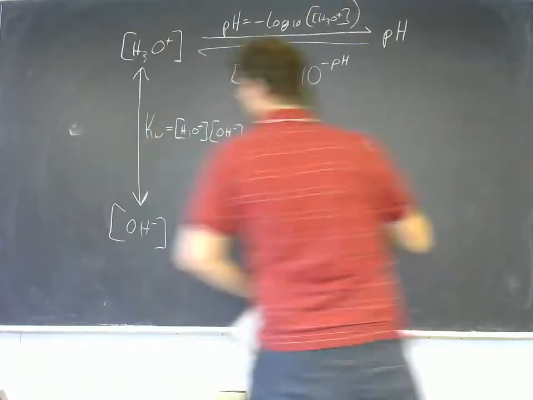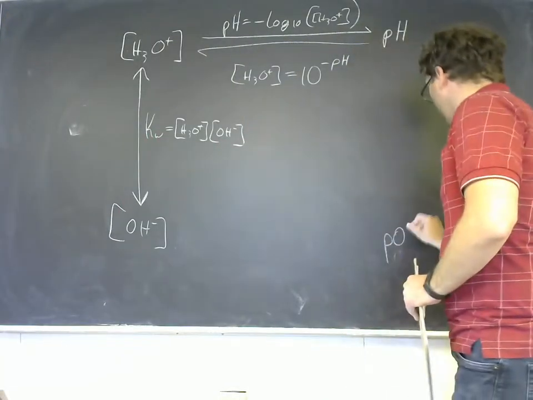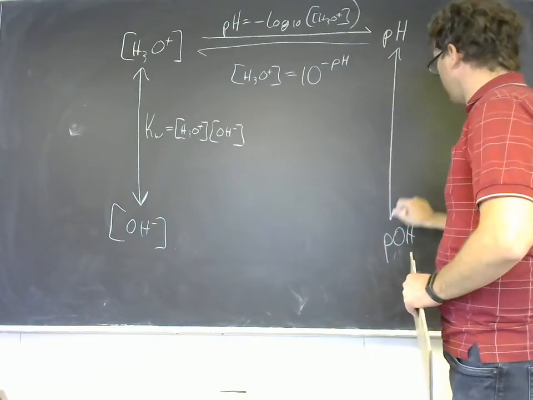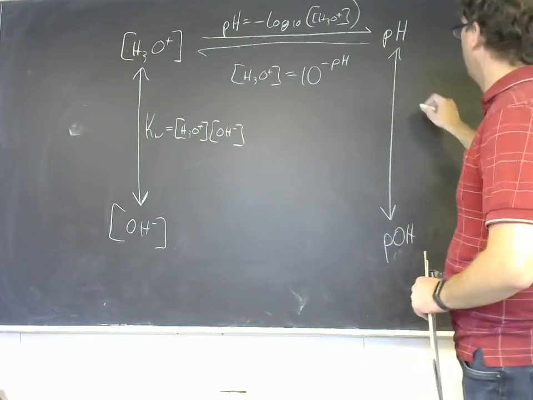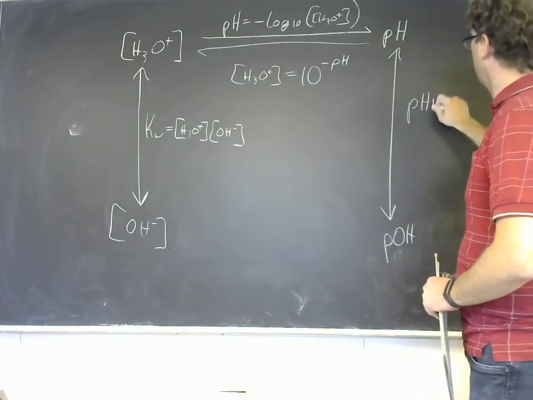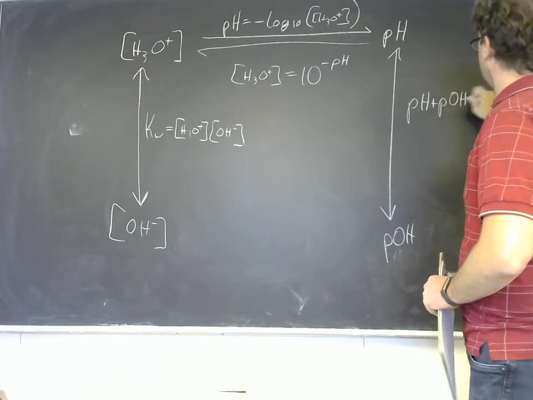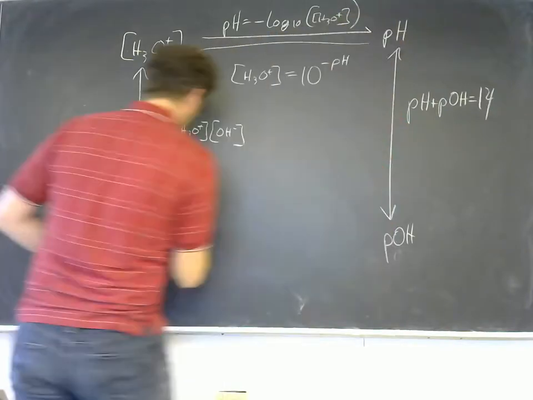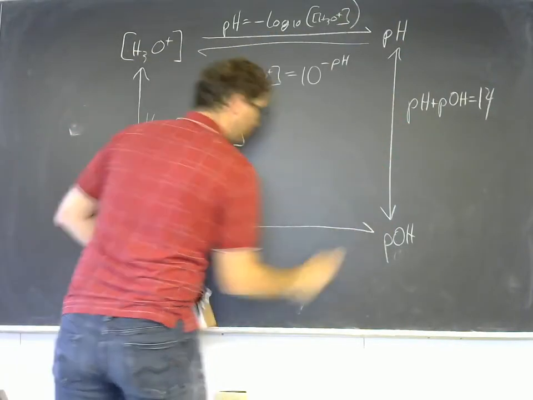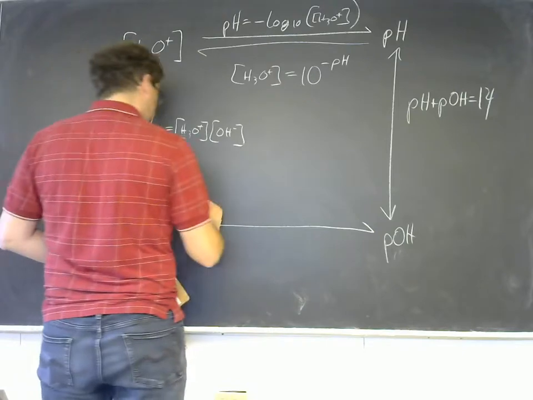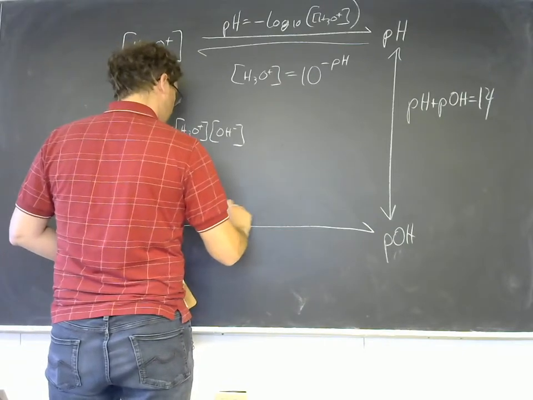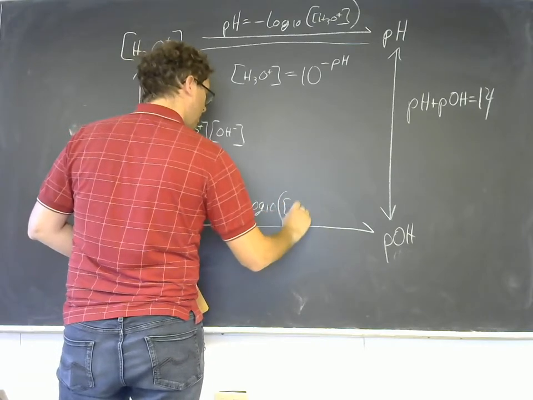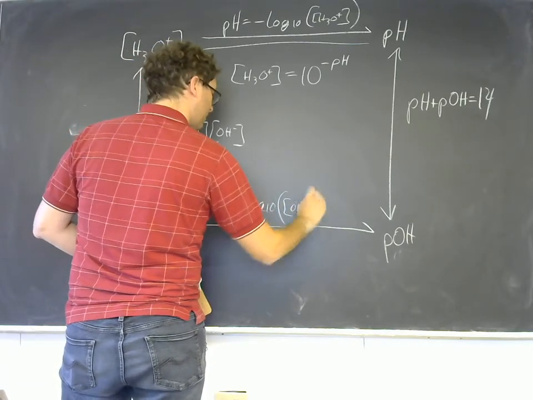You might also care about the pOH, and we can convert between pH and pOH very easily because pH plus pOH is equal to 14. And of course, we can find the pOH from the OH minus because pOH is equal to the negative base 10 log of the OH minus concentration.